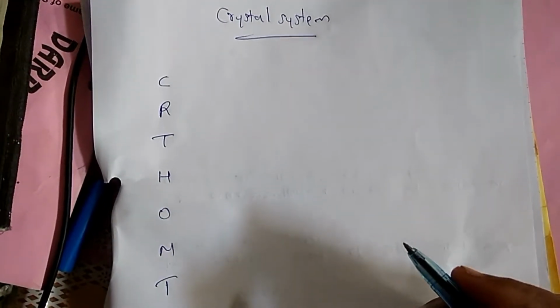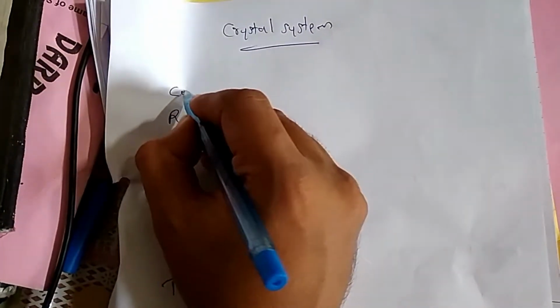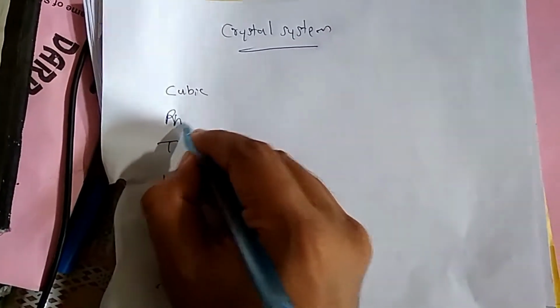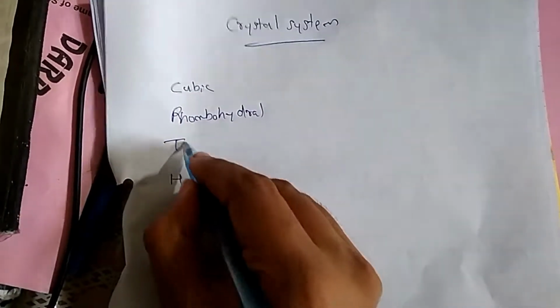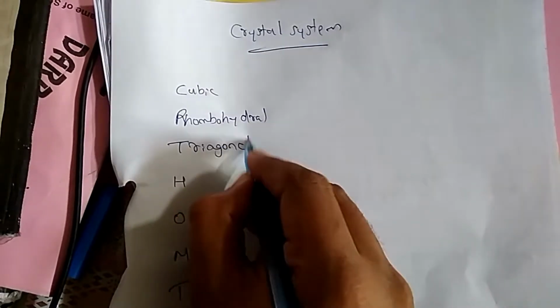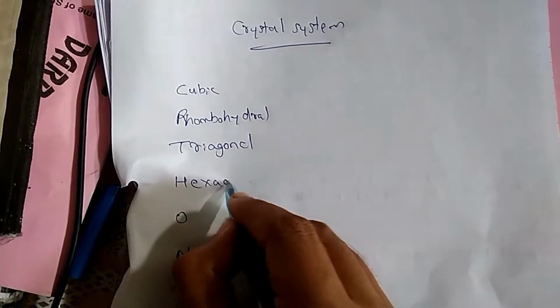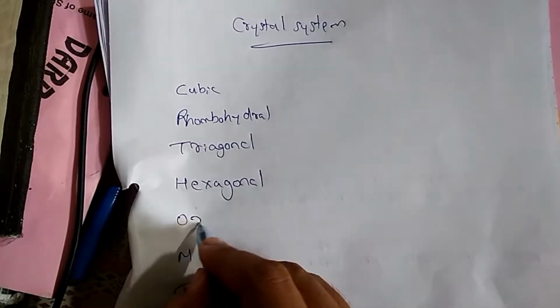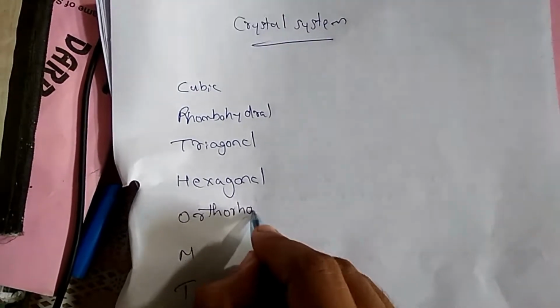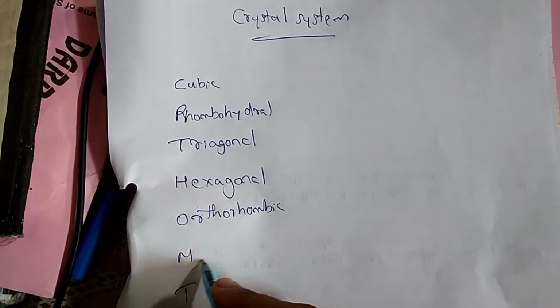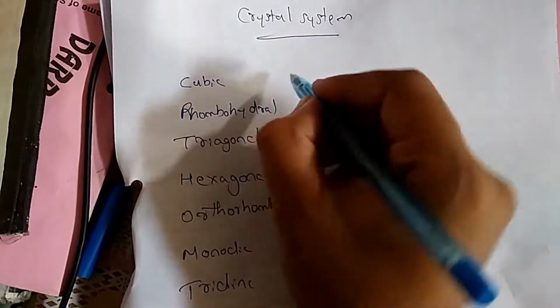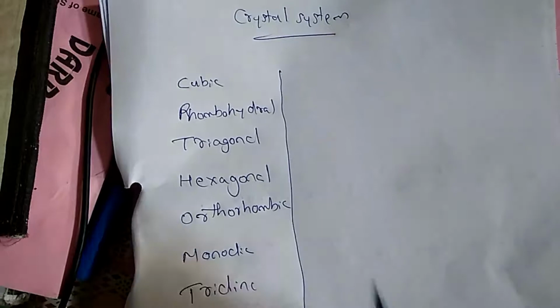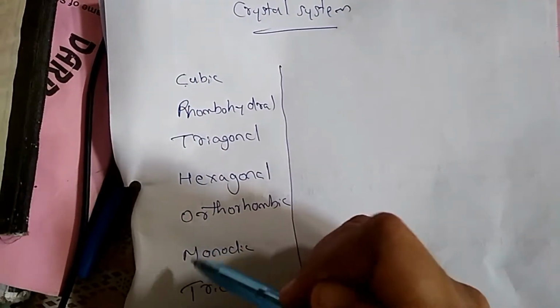Here C means cubic, R means rhombohedral, T means trigonal, H means hexagonal, O means orthorhombic, M means monoclinic, T means triclinic. This is a particular arrangement I have studied, CRTHOMT.